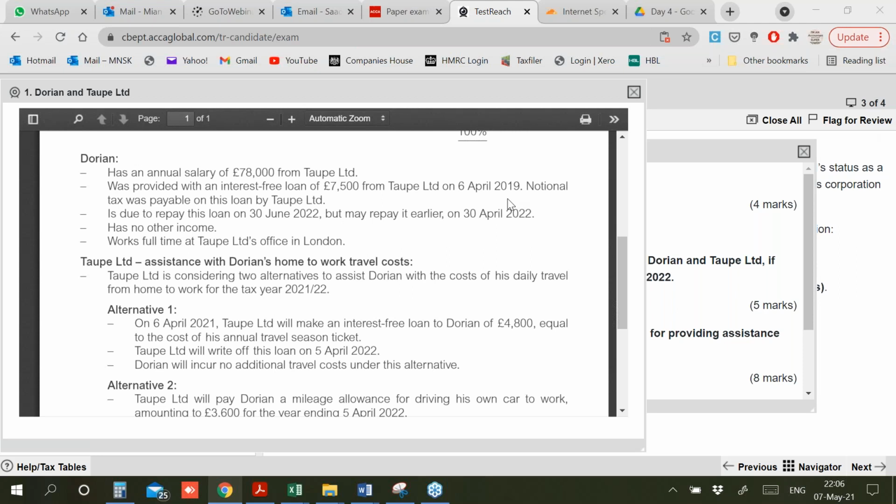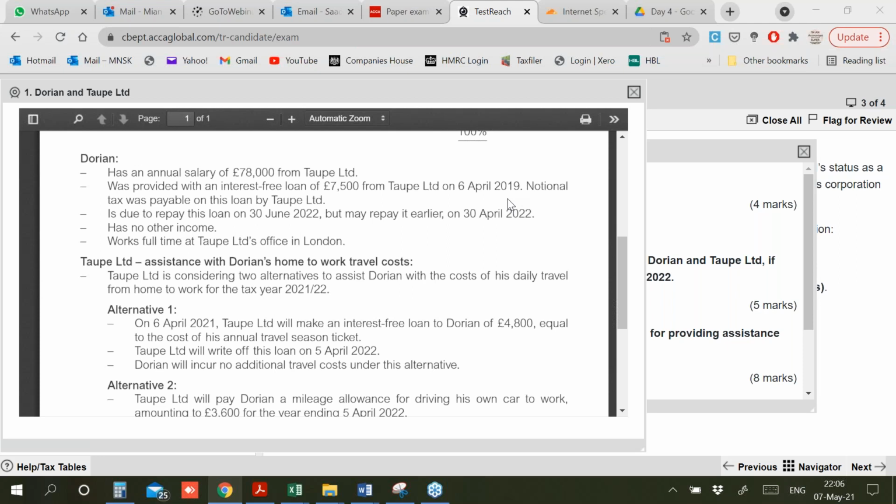First, do remember that they are again providing him an interest-free loan. Now, if they provide him this interest-free loan, the exempt limit of 10,000 will be exceeded. You remember that he has already taken a 7,500 loan in part A. Now, if the company gives him this loan, his 10,000 exempt limit will be breached.